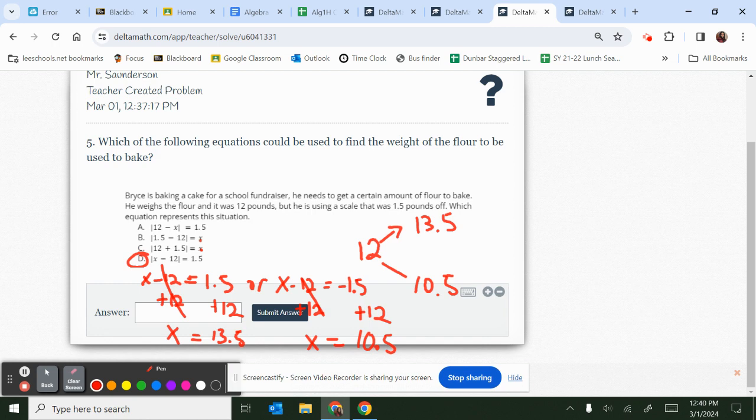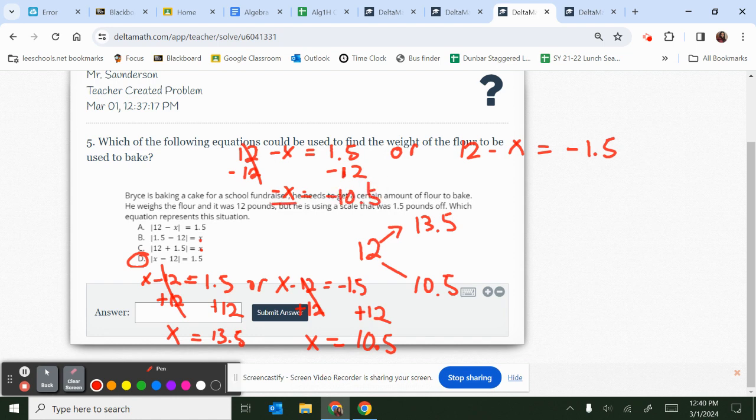Okay. So we would have 12 minus x equal to a positive 1.5, or 12 minus x could be equal to a negative 1.5. All right. So to find x, I would subtract 12, cancel. So we'd have negative x is equal to 1.5 minus 12, which is negative 10.5.